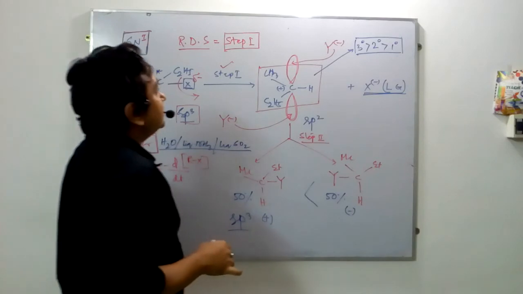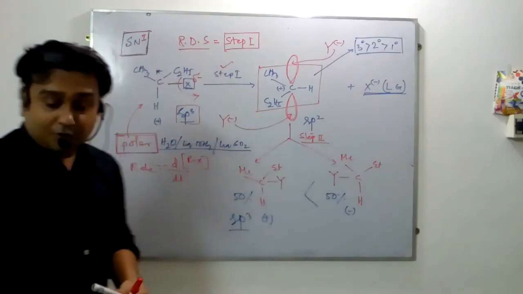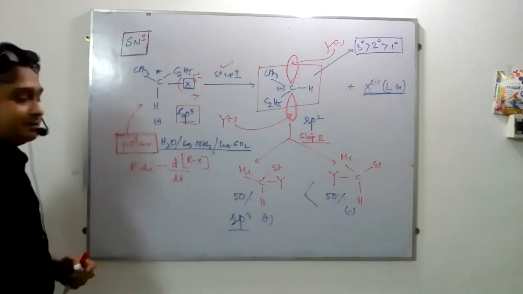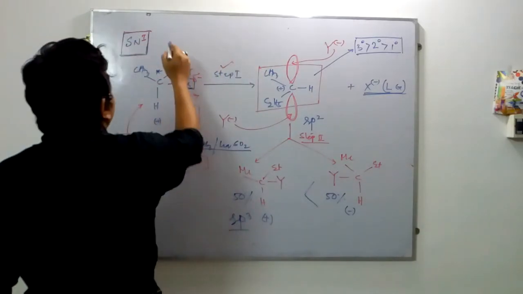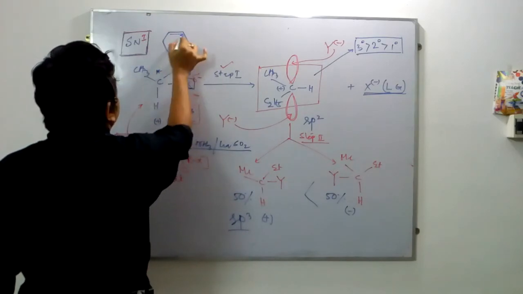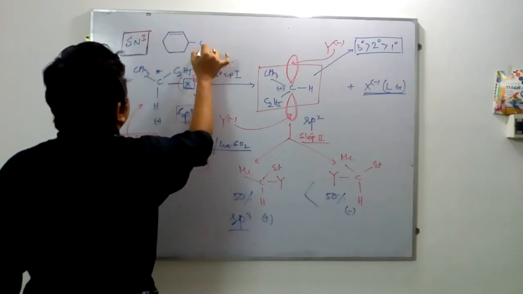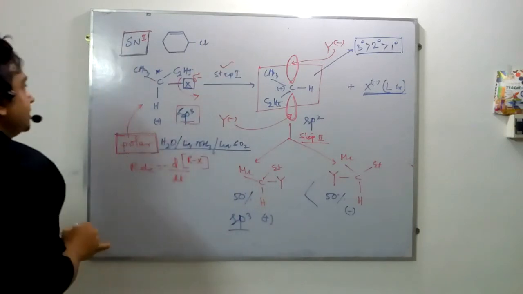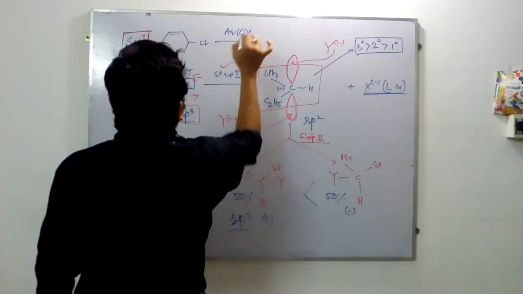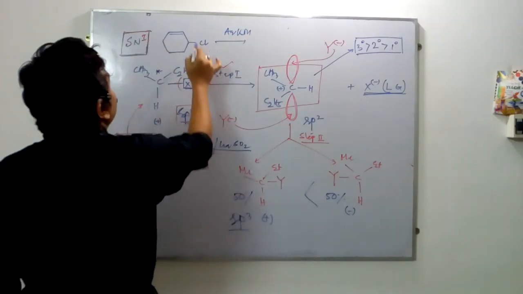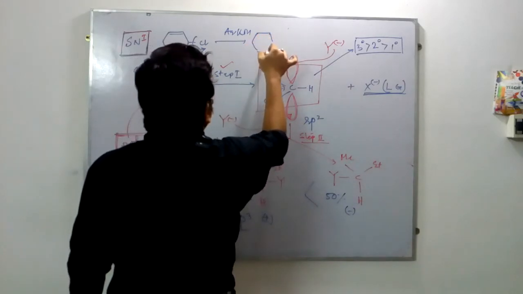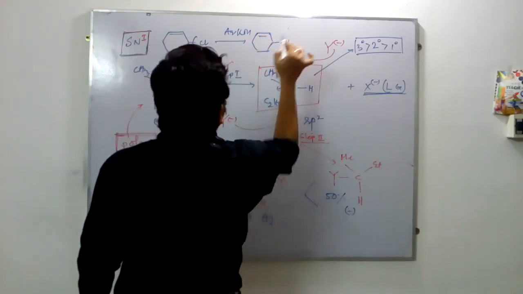And if we consider the non-classical carbocation, then we have to be very specific from case to case. Like suppose this is a cyclohexane, there is a double bond, and here is a halide, this is chloride. If we take aqueous caustic potash, KOH, then definitely the Cl minus will go out, and the reaction is very simple.